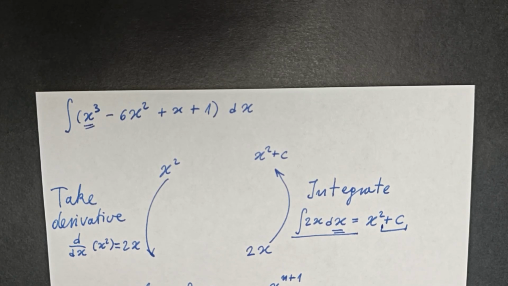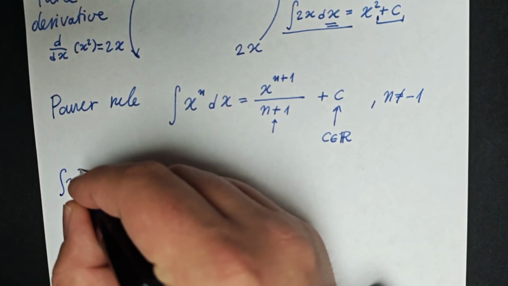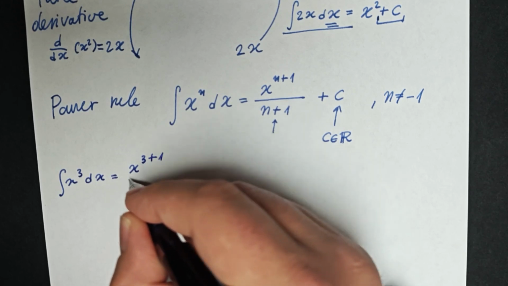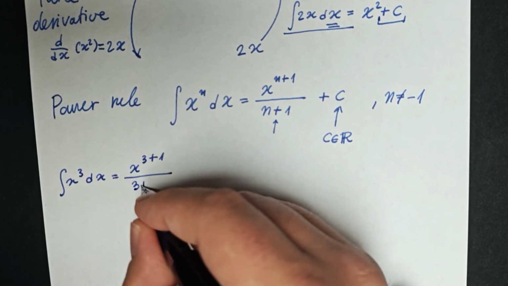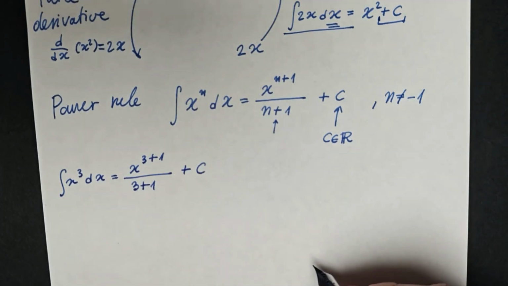The power rule states that if your power is not negative 1, the integral of x to the power is x to the power raised by 1 over that power raised by 1 and plus a constant c. For x cubed, an integral of that would be x to the power of 3 plus 1 divided by 3 plus 1 and plus some constant c.